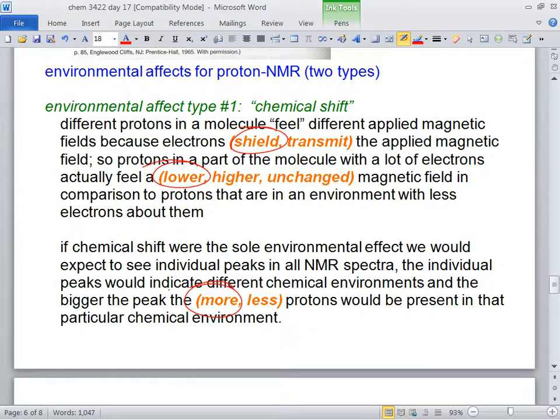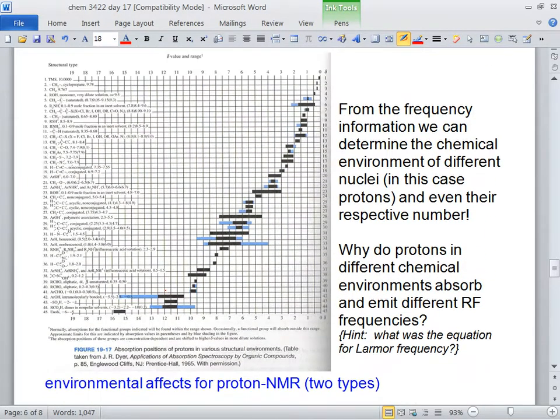So if this was the only thing happening, you could see this peak right here at this frequency. They call it ppm, and they have shifts and whatnot, but we'll worry about the unit later. You look at the frequency, match it into this table, and you know what type of proton that is. And the bigger the peak, I have that many protons of that type.